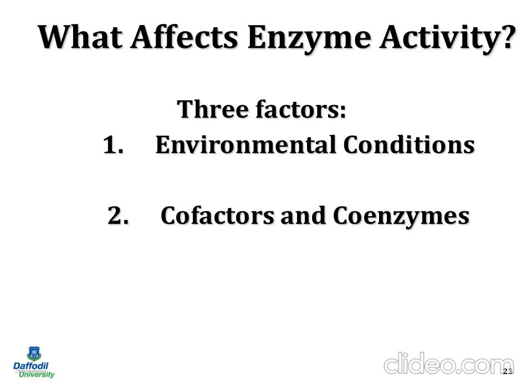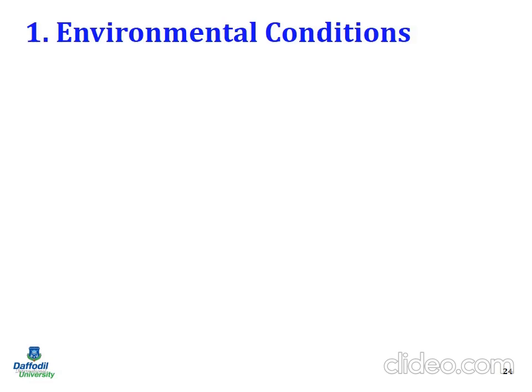Then cofactor and coenzyme, as we said, and enzyme inhibitor. If an enzyme inhibitor is present, the enzyme could not work, whether it is non-competitive or competitive, this doesn't matter. We also talked about the cofactor and coenzyme.